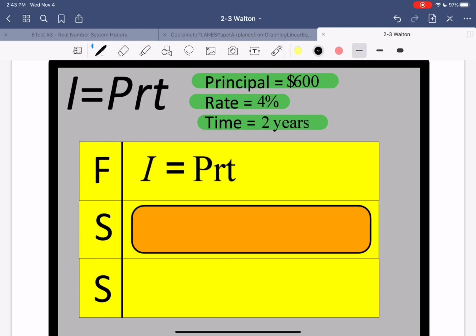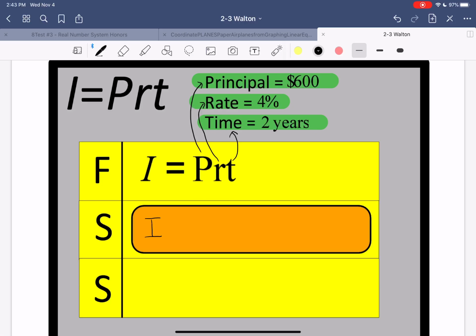So we talked about earlier each of these letters in our formula correspond with each of these given values. So what we're going to do with them, and it would probably be helpful to have a piece of paper near you so you can work alongside me as I take my numbers and substitute them into their proper place.